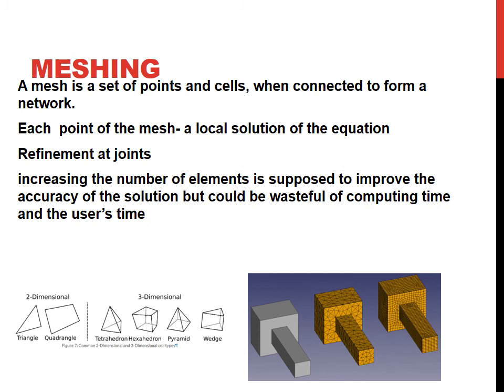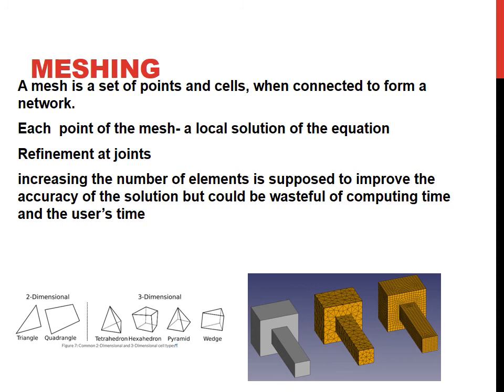So the last step before we solve the problem is meshing. Meshing is defined as a set of points and cells connected to form a network. Each point is a local solution for the equation. We also need to consider that if you have a joint, we need to refine the mesh at that area.